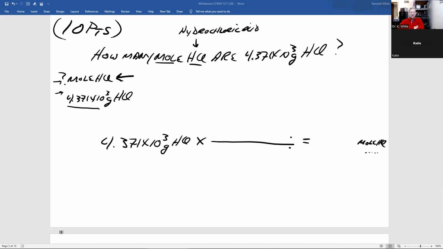Not numbers, just the units. All right, my turn. And it's time to use your good buddy, your good friend, unit analysis.